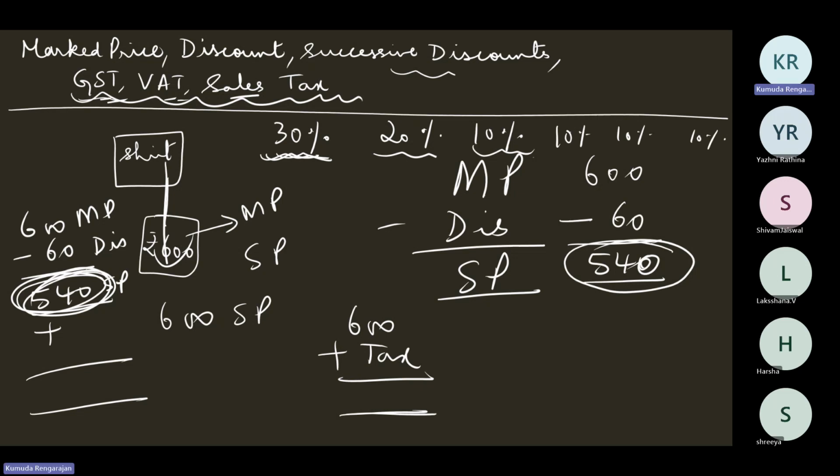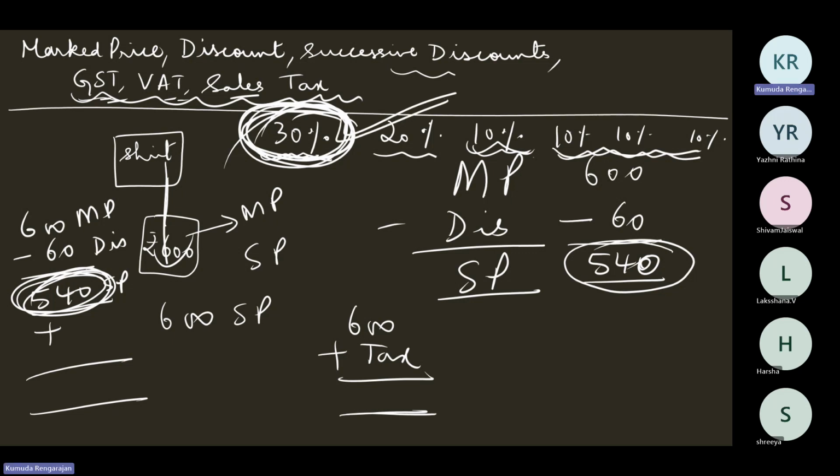Both are not the same. A flat discount of 30% is not the same as successive discounts of 10%. When it's a flat discount of 30%, the discount is more. If it is successive discounts, first 10%, then on the resultant value 10%, and then on the resultant value 10%, it will be slightly less than the flat discount.